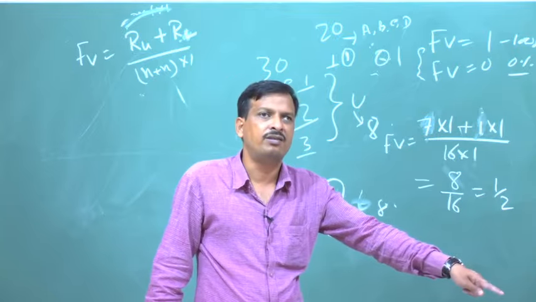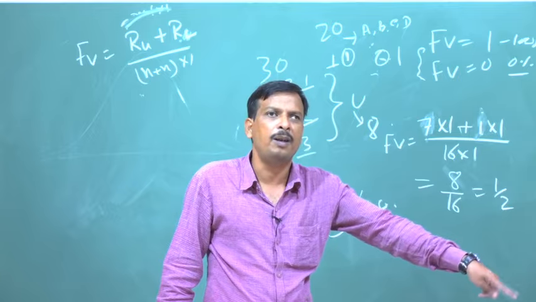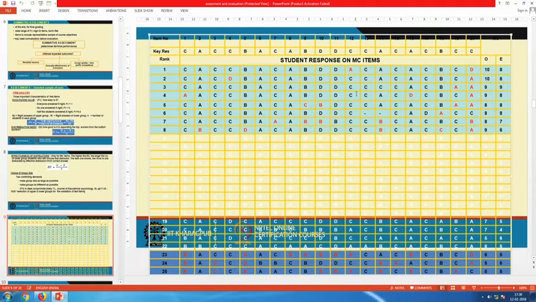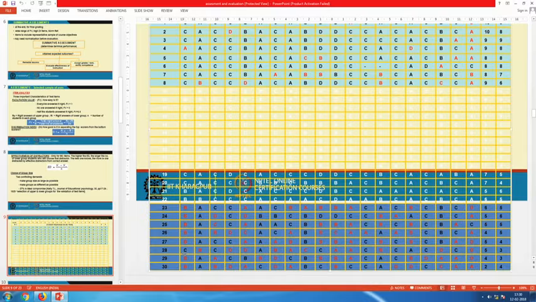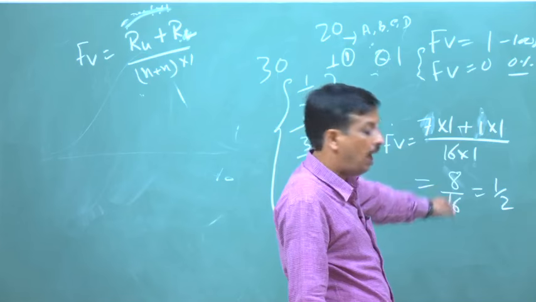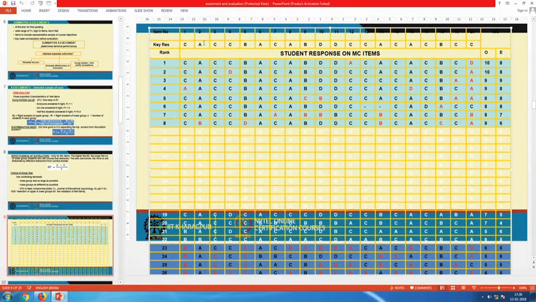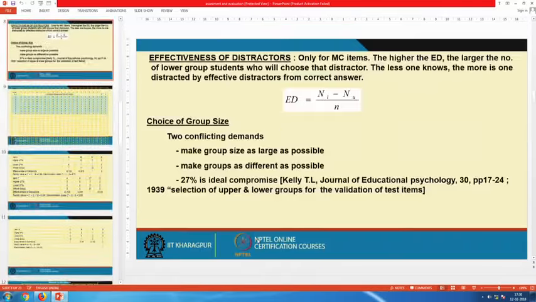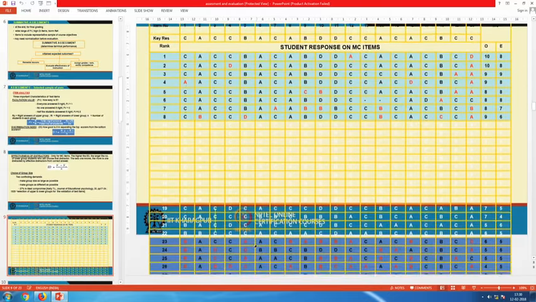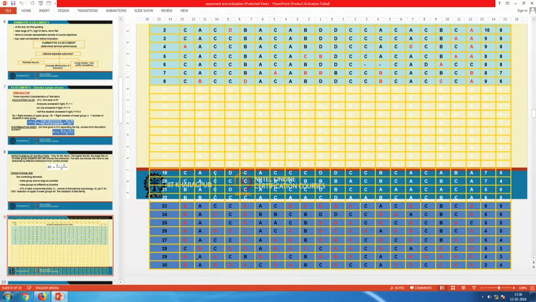So, if I analyze each and every question of this table, suppose question number 1: 7 upper group students give the correct answer, and only 1 lower group student gives the correct answer. So, the facilitation value is half. Item number 2, A is the correct answer. How many upper group? 7. How many lower group? Let us check the lower group: 1, 2, 3, 4, 5, 6, 7.